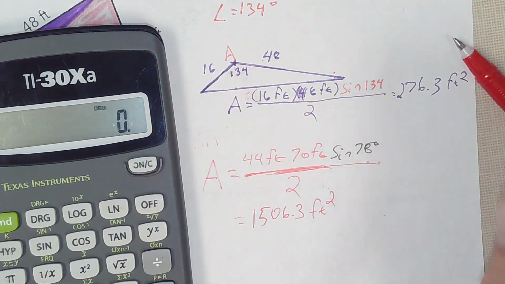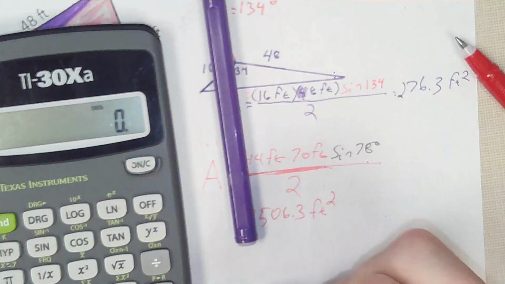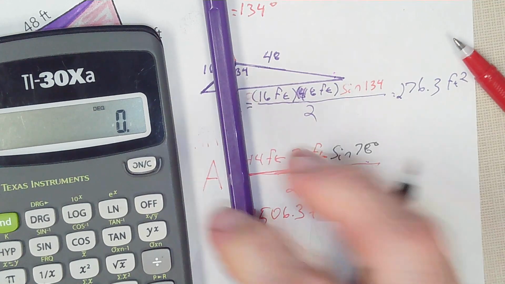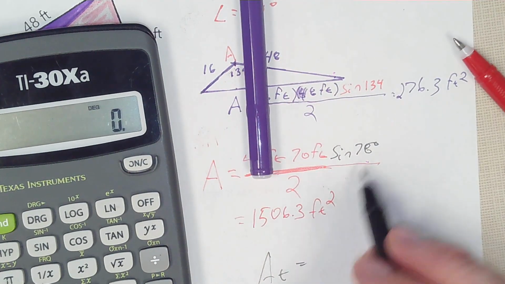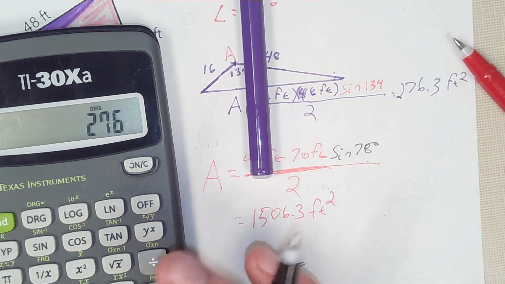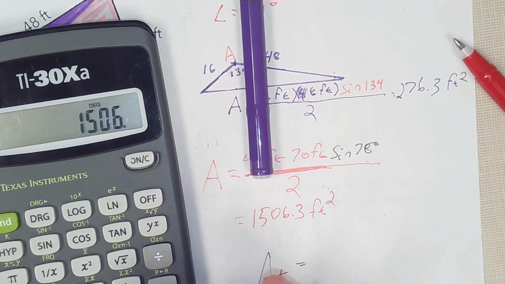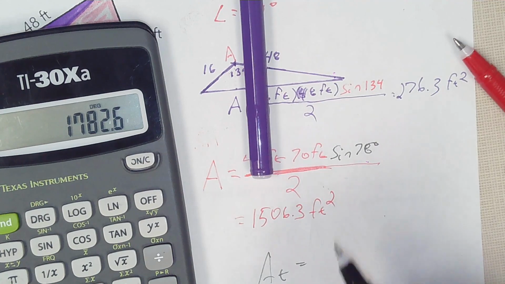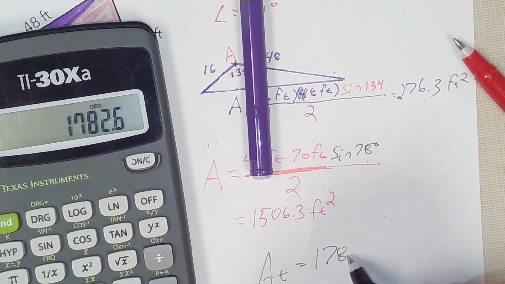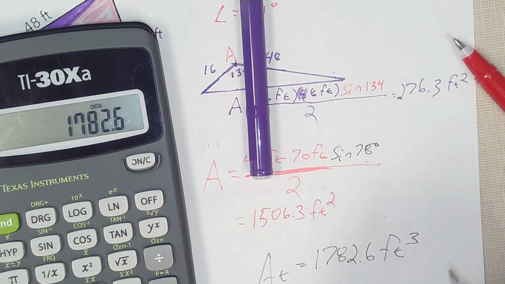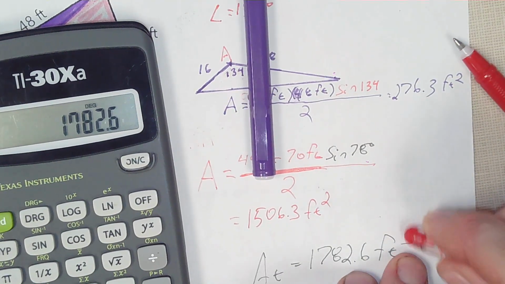So add these two together: my total area equals 276.3 plus 1506.3, which equals 1782.6 feet squared. That's squared, not cubed.